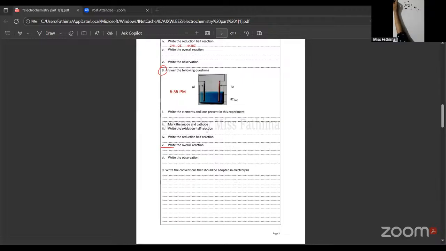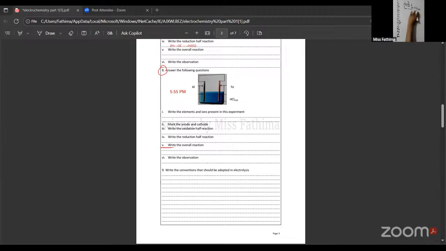You start with potassium, sodium, calcium, magnesium, aluminium, zinc, iron, tin, lead, Cl minus, OH minus, SO4 2 minus, hydrogen, copper, mercury, silver, platinum, and then gold. So this is the reactivity series.